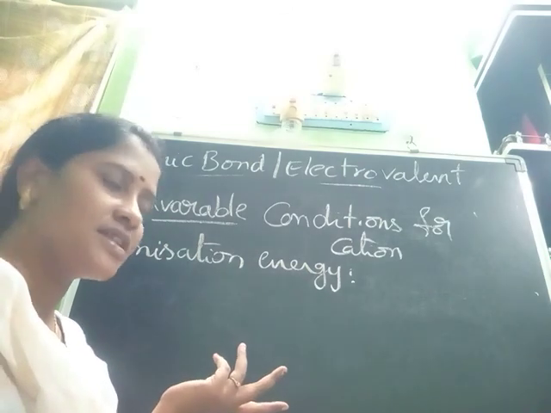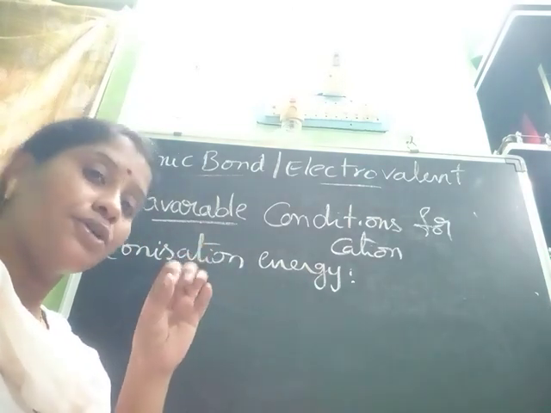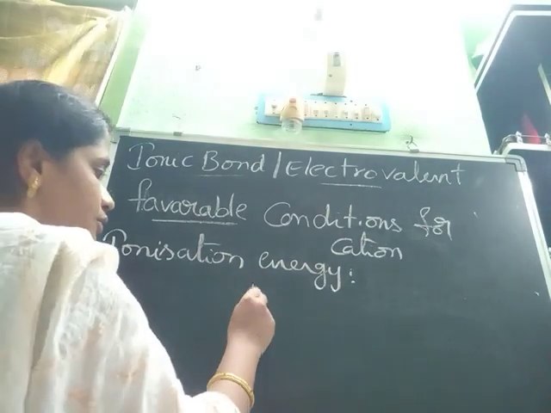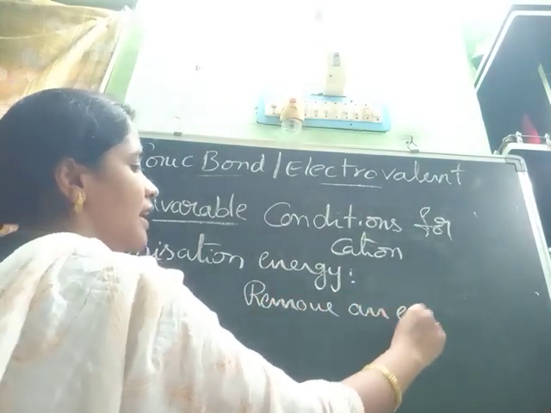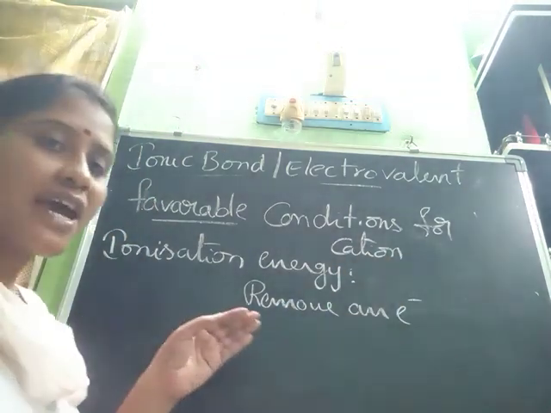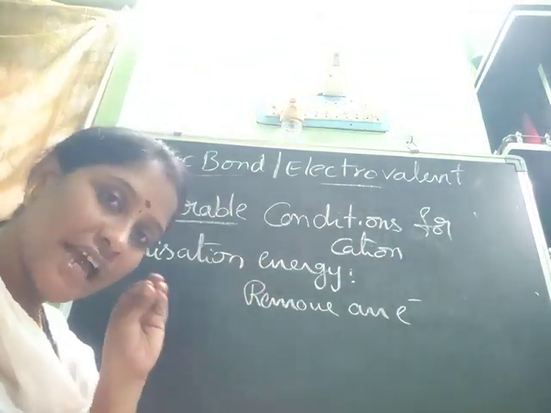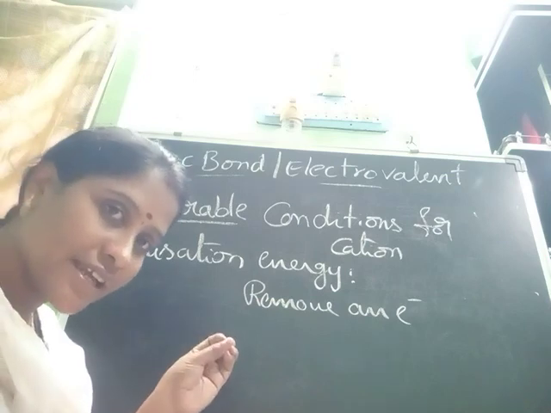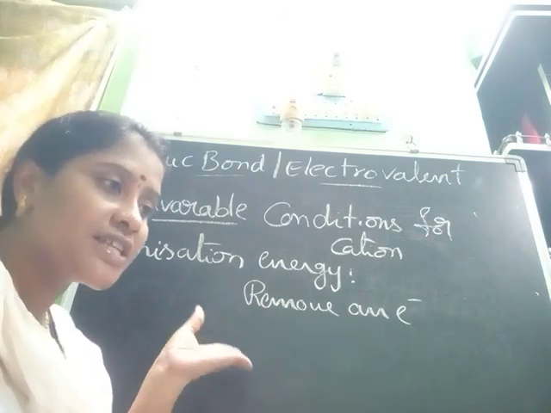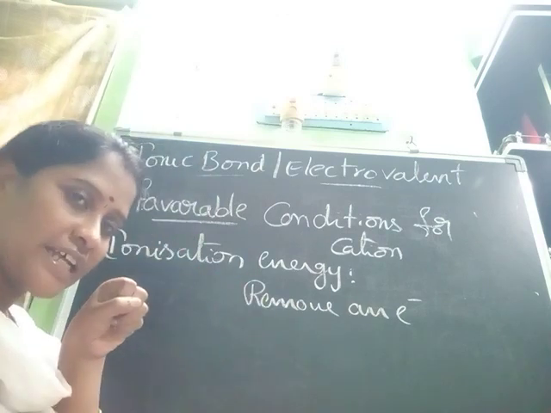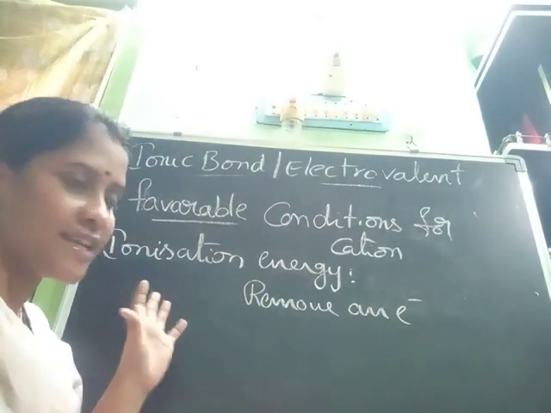First point you can understand: the energy required to remove an electron from its isolated gaseous neutral atom, which means it should be in the single state, a single atom. In that state, how much energy we require to remove that electron is called ionization energy.